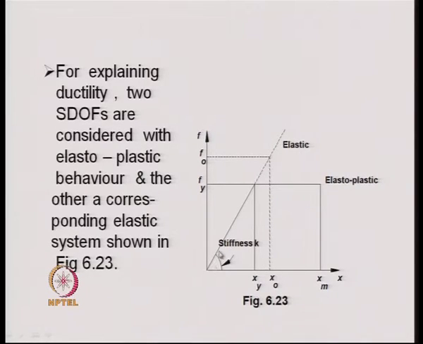The corresponding elastic system is this one. That means in the elastic range both of them have the same stiffness, but for the elastoplastic system, after the yield force, the system moves on this horizontal line, whereas in the elastic system it continues to move on this same inclined line representing the stiffness of the system.